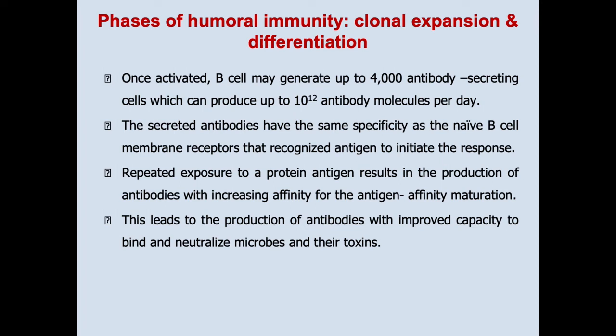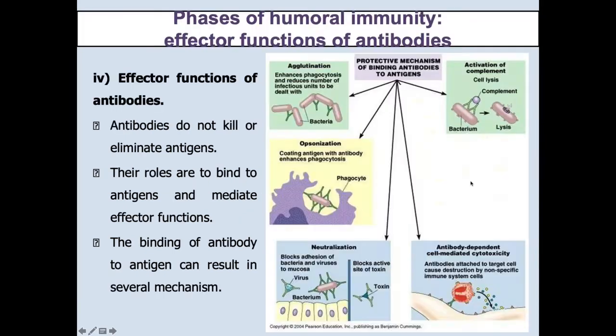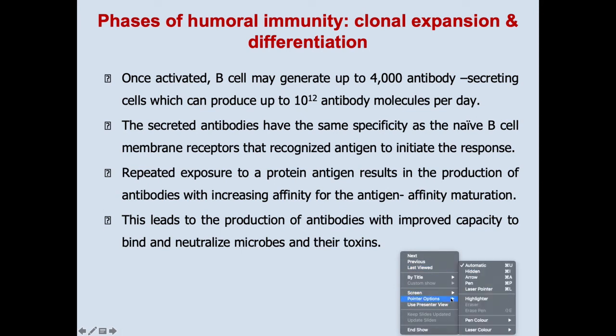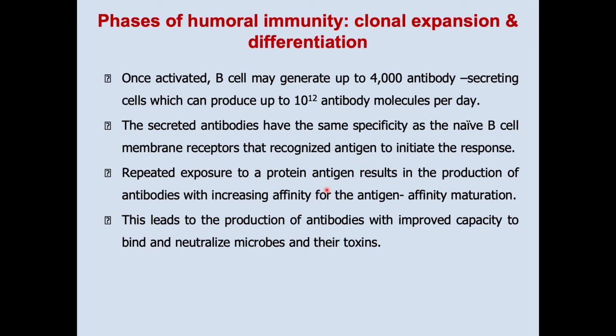Okay, so the antibody is very specific toward the specific antigen. Okay, and repeated exposure to a protein antigen results in the production of antibody with increasing affinity for the antigen, called affinity maturation. So let me change this one first.